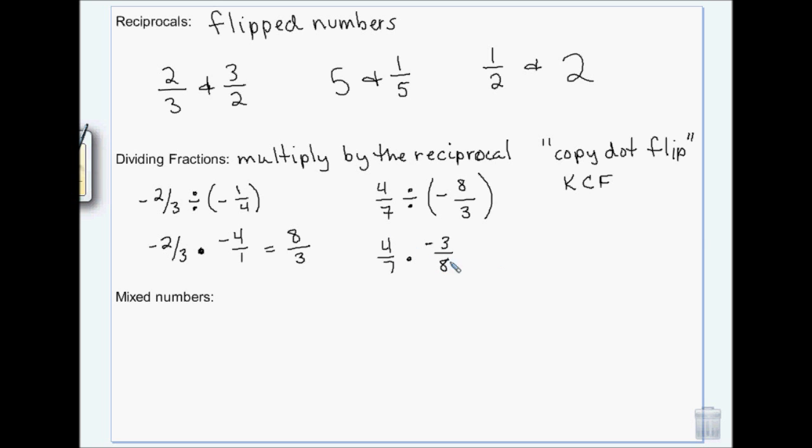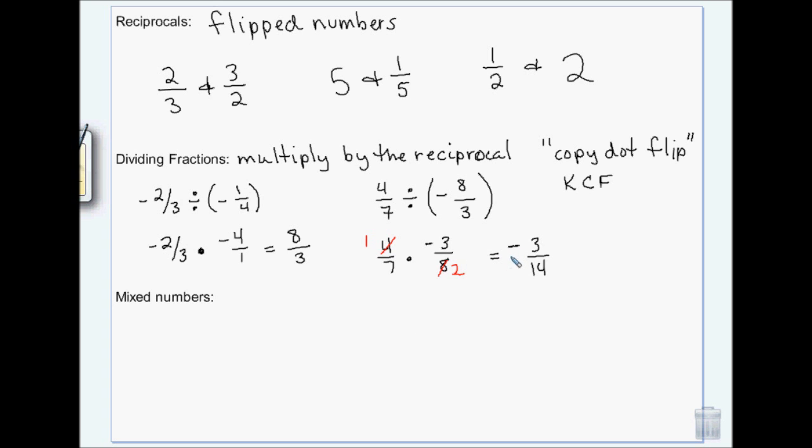After I've turned it into multiplication, then there's a chance to cross cancel. 1 times 3 is 3, 7 times 2 is 14, and I have a positive times a negative, so it's negative.